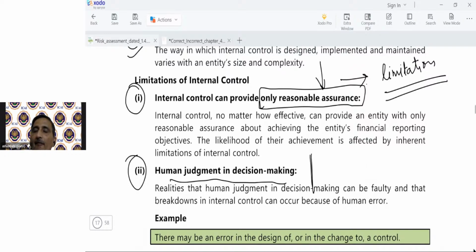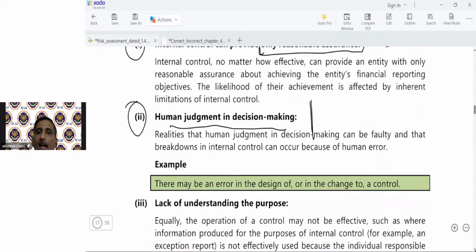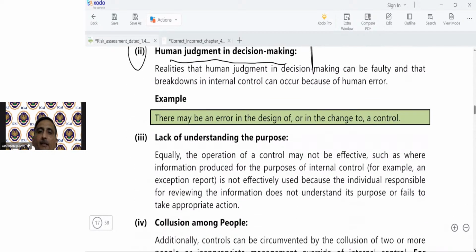While designing a particular control, the management did not consider that point, and therefore, when the system is in implementation, when it is actually happening, it is causing errors. Clear? Number 3, lack of understanding of the purpose.